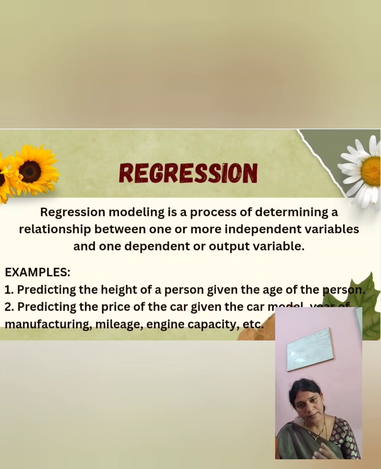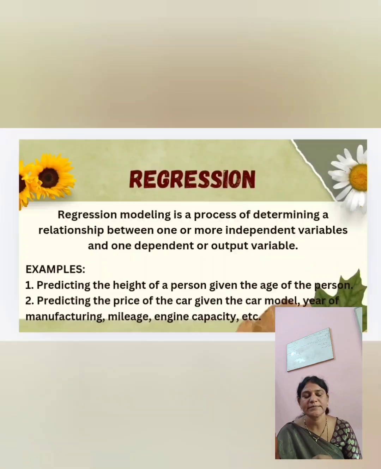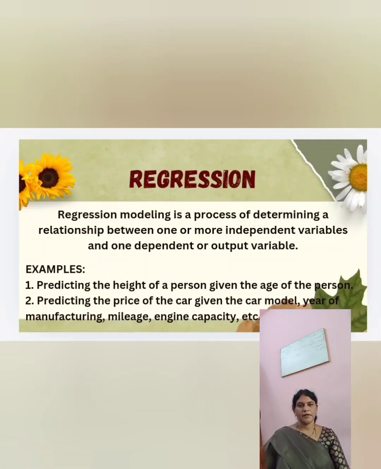Car model is given, year of manufacturing is given, mileage is given, engine capacity is also given. But we have to predict the price of the car. So this is a good example of regression.